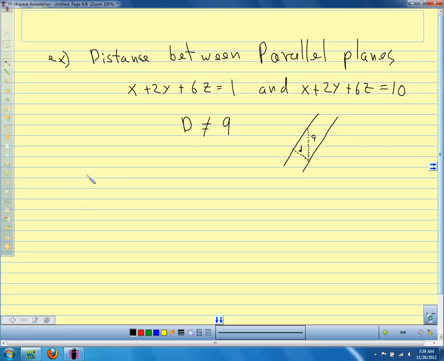So we're going to find a point Q on one plane, and then we're going to find the distance between the other plane and the point Q.